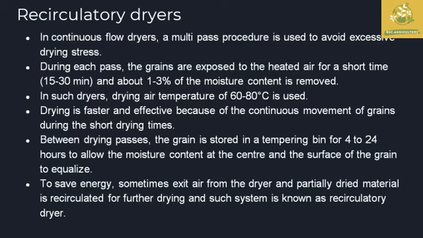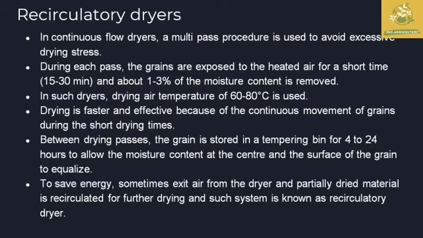In recirculatory dryers, a multi-pass procedure is used to avoid excessive drying stress. For each pass, or we can remember it as each batch, the grains are exposed to heated air for a short time of around 15 to 30 minutes, and around 1 to 3% of the moisture content is removed from the grain in each batch.